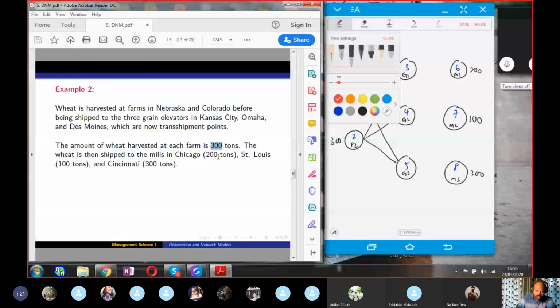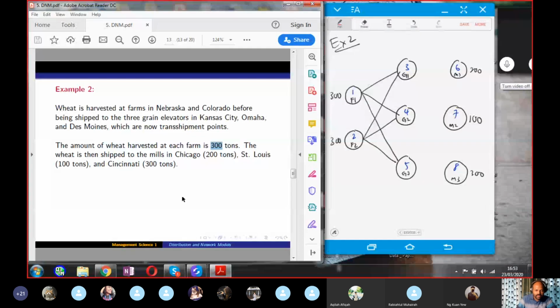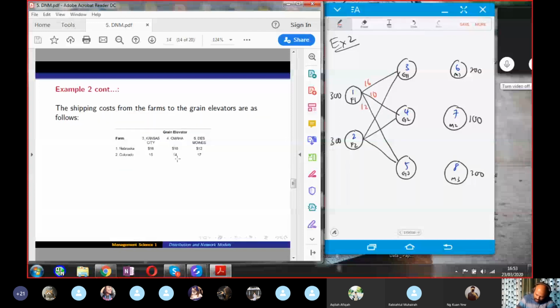The cost you can see here: 16, 10, 12. Next one, 15, 14, 17. That is the cost from supplier to warehouse. Now warehouse to the customer.